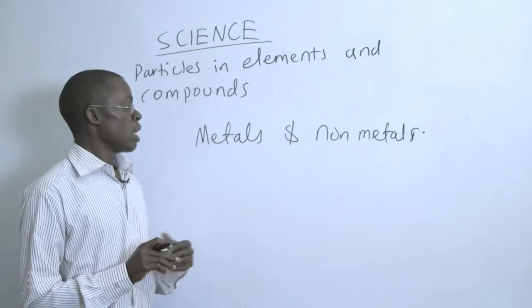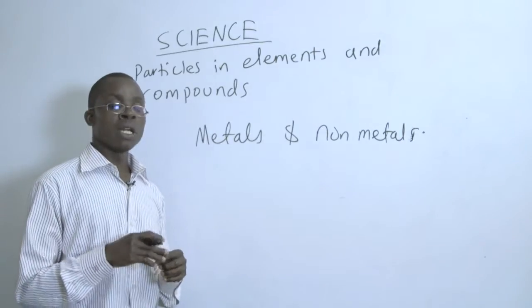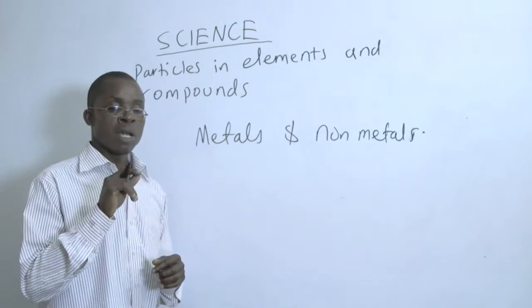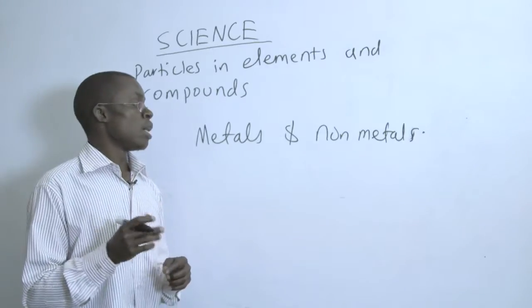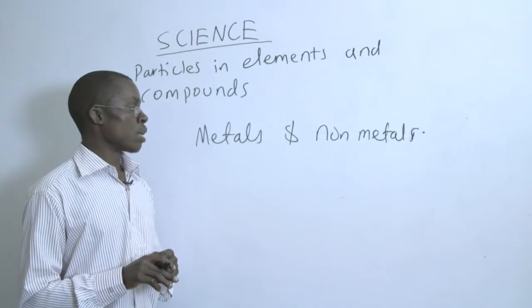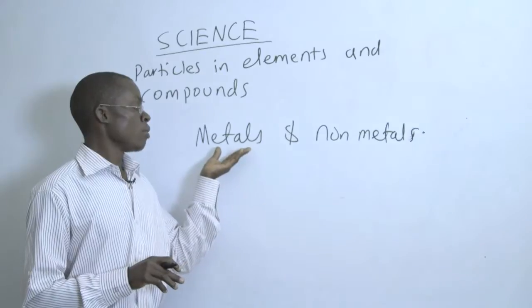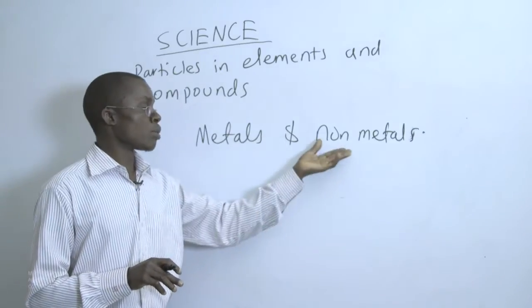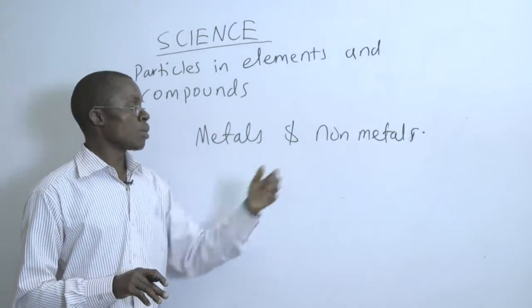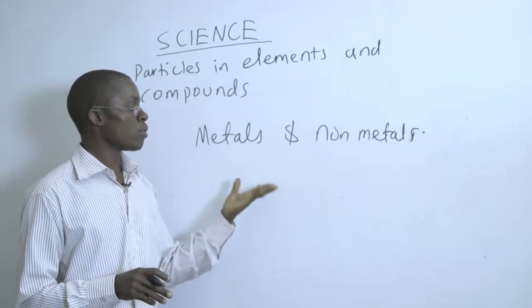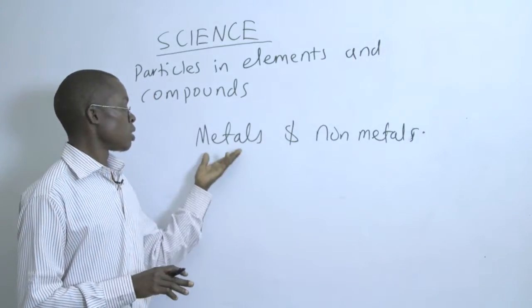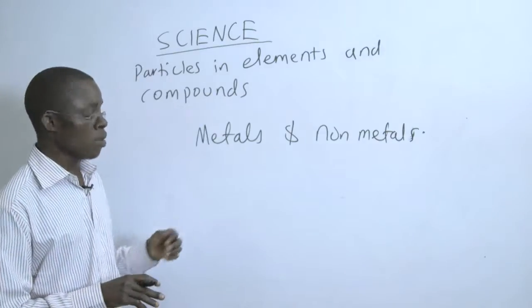But that is an area we have to learn in a much deeper manner in a different topic. But for now, we have metals and nonmetals, and examples are the ones I've given: sulfur, phosphorus, silicon for nonmetals, sodium, potassium, calcium for metals.